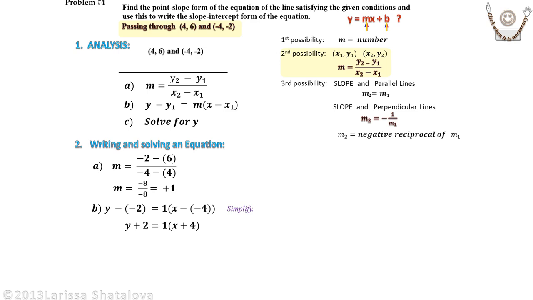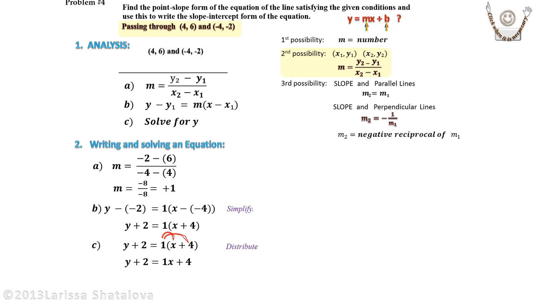This is perfect point-slope form, but we have request for slope-intercept form, so we have to solve this equation for y. So step C, we have to solve this equation for y. We have to remove parentheses using distributive property. 1 times 1x is 1x, and 1 times positive 4 would be just 4.